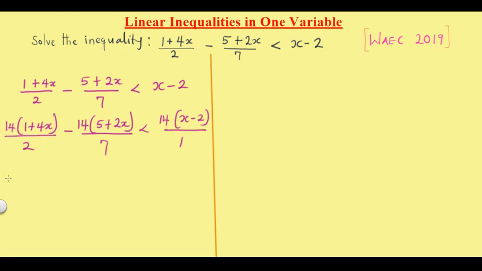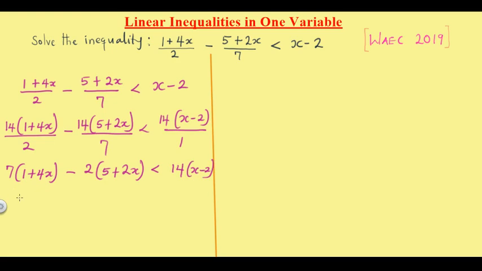So this one becomes 7 open bracket 1 plus 4x, minus 2 open bracket 5 plus 2x, less than 14 open bracket x minus 2.